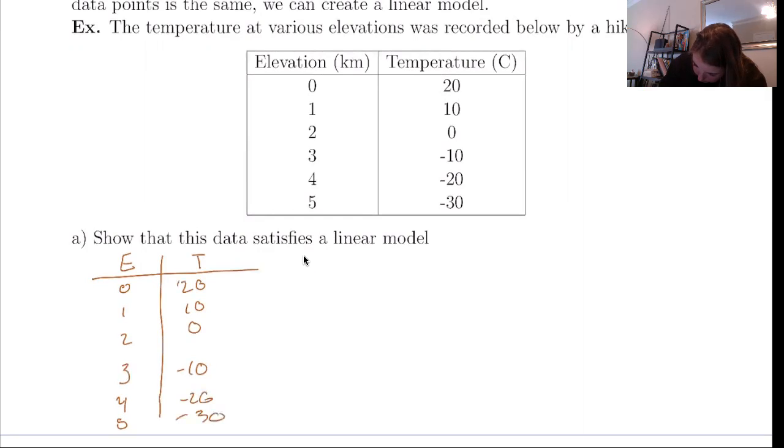And then I can create a third column called common difference. Let's call it CD. Obviously from this first spot, we're not going to have anything. There's nothing between 0 and 1 to compare, so I'm going to put that right down here. So the common difference between 0 and 1 is 10: 20 minus 10, or 10 minus 20 if you wanted to.